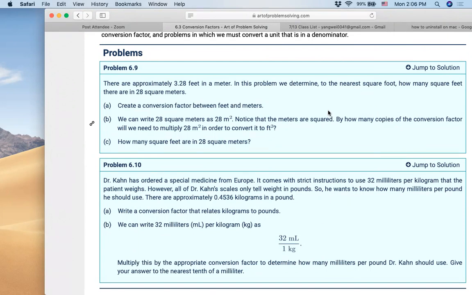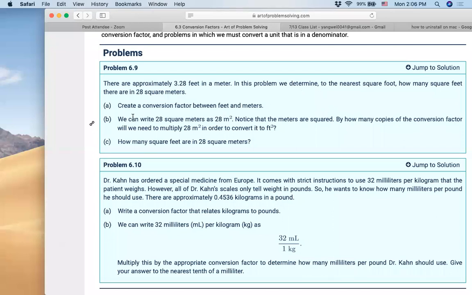In this problem, we'll determine the answer to the nearest square foot. How many square feet are there in 28 square meters? Here we try to convert square meters to square feet.